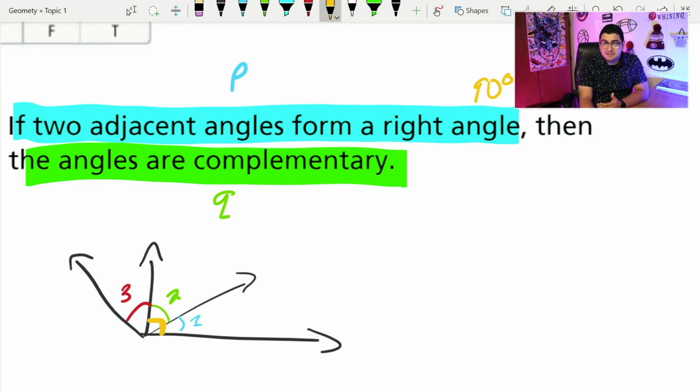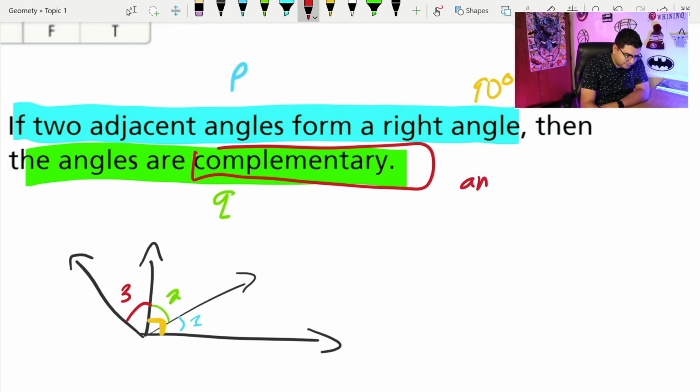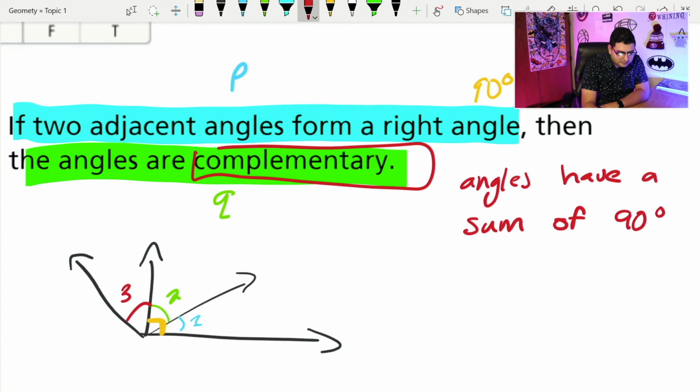Complementary, this word, means that the angles have a sum of 90 degrees. That means when you add the two angles, you get 90 degrees.